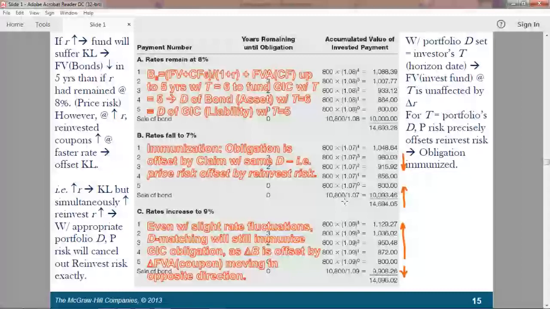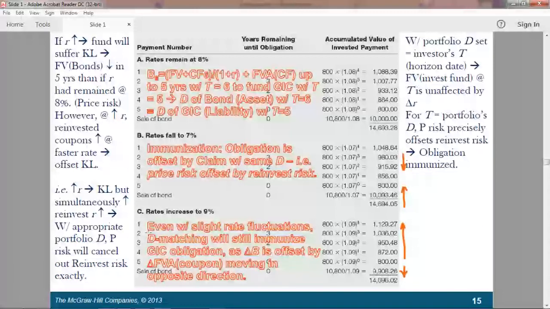So the present value here means not the present value at time 0, but the present value at time 5. Okay, you understand? Because time 5, end of year 5, is the time when we have to pay out to our GIC investors.